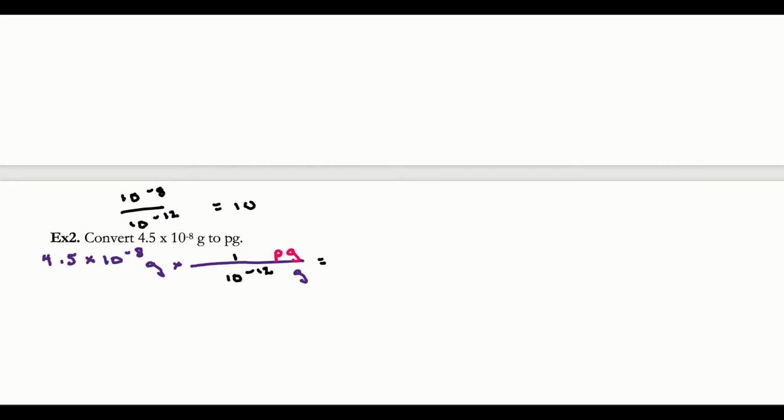So this is going to be 10 raised to the negative 8th minus negative 12, which becomes simply 4, because negative 8 plus 12 is 4. So my answer here, I didn't use a calculator. You can, that's fine. But you don't have to, is 10 to the 4th. Okay? And my units are picograms.